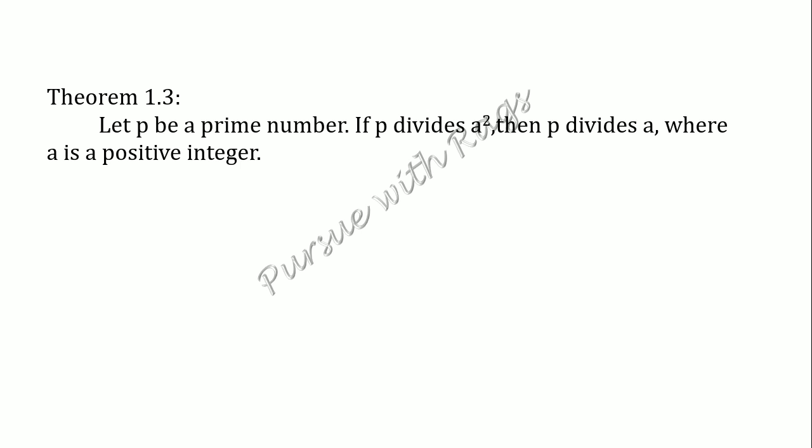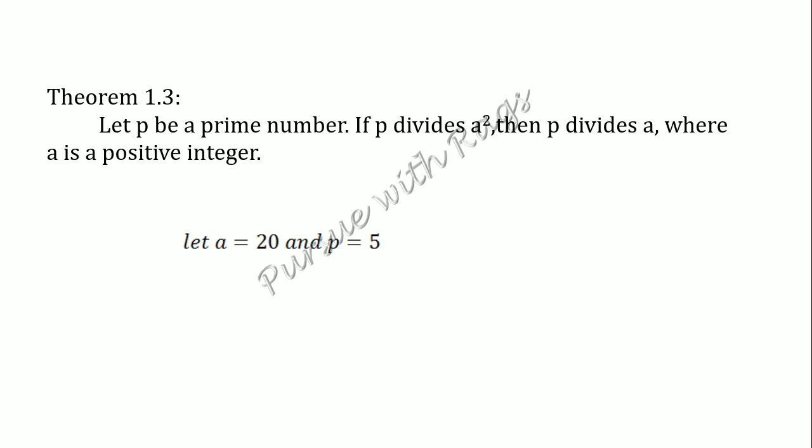So just on seeing this, you can tell that if a prime number divides the square of a positive integer, then definitely the prime number divides the positive integer. For example, let us take the positive integer A as 20 and the prime number P as 5.